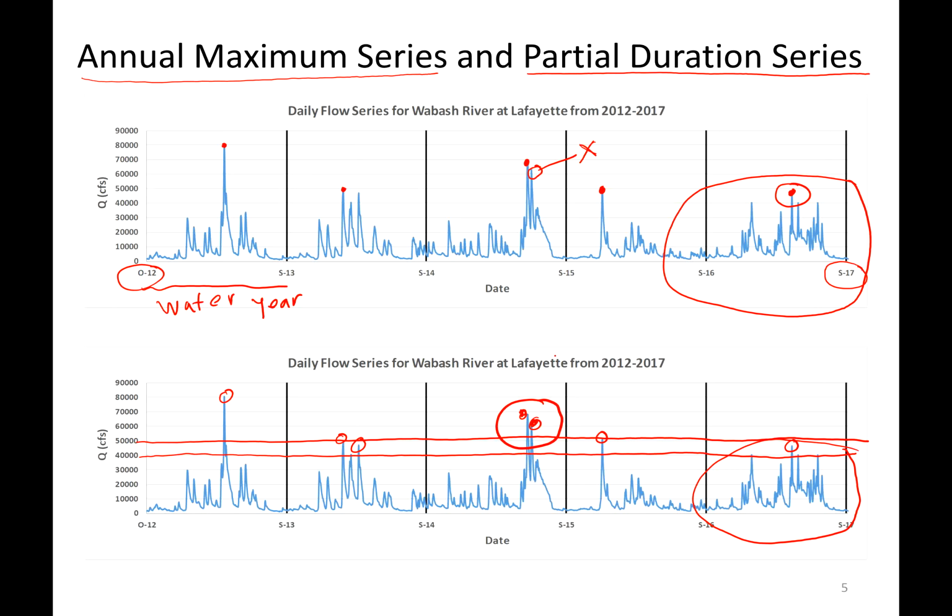So sometimes in a partial duration series or annual exceedance series, you may end up picking two flow values that may be related to each other, so they are not independent.